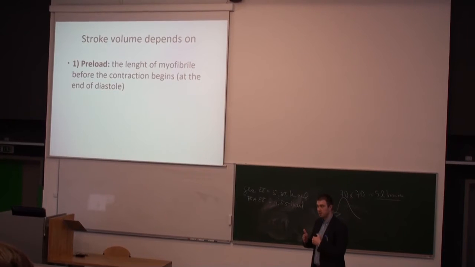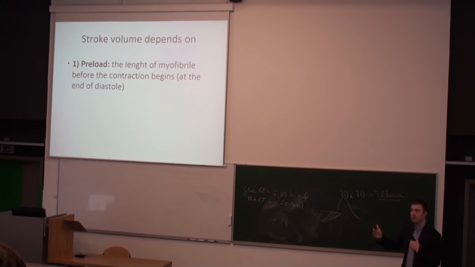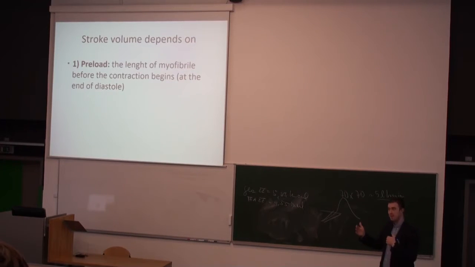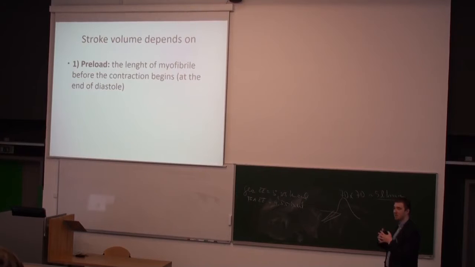If you have the distance of sarcomere bigger, then the interaction is worse. And the same if the length of the sarcomere is smaller than some ideal value, the contraction is also worse. Yes? The problem is that the myofilaments cannot interact in ideal condition.